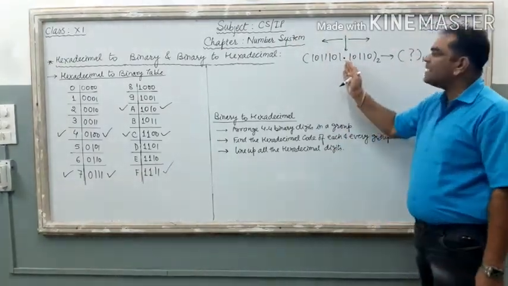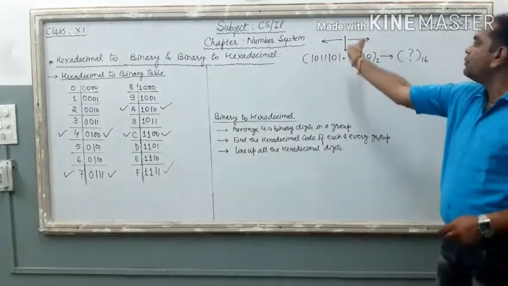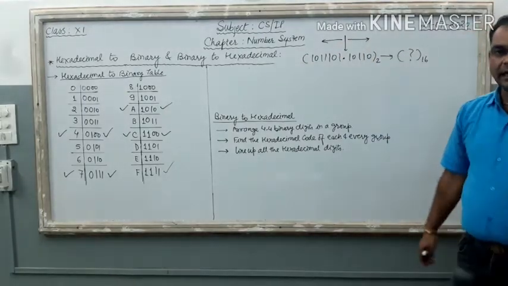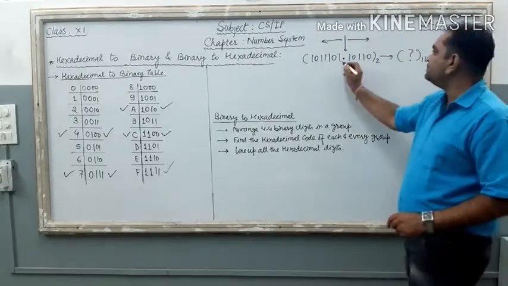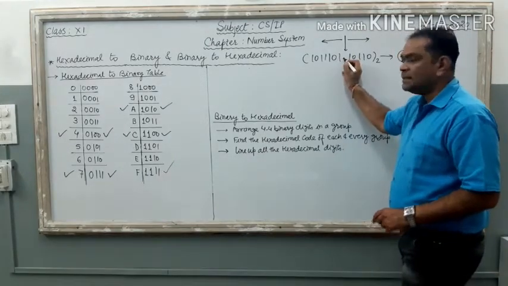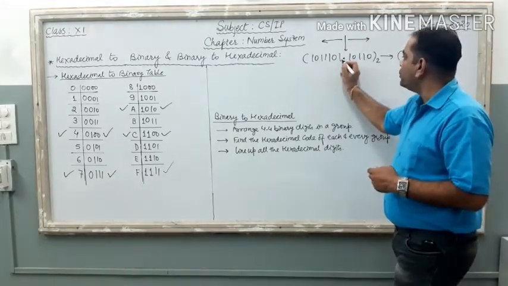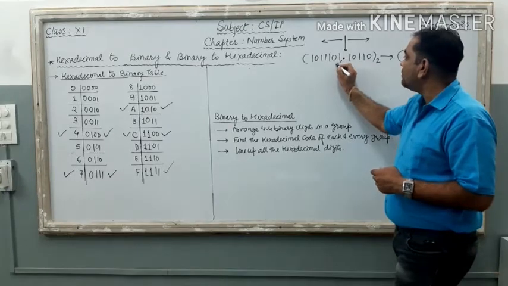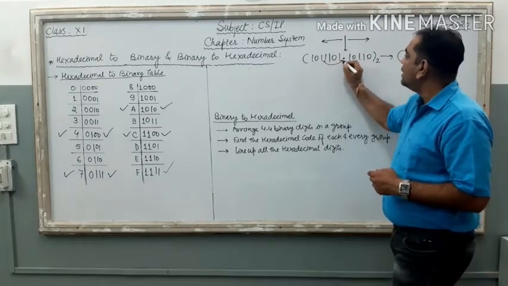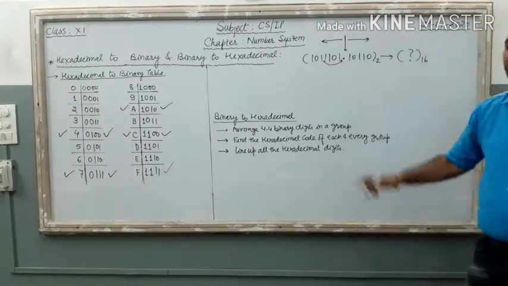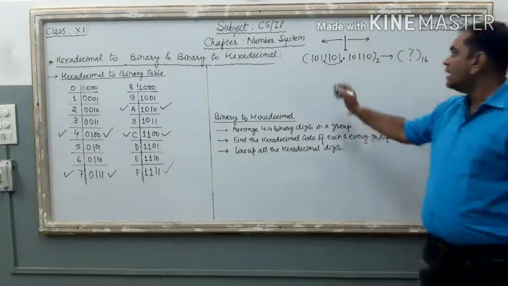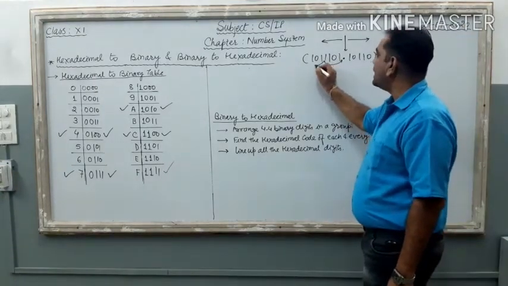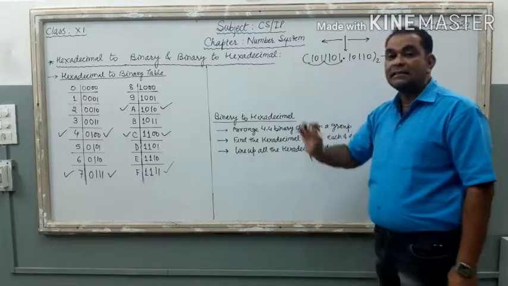And for the digits after the decimal point, move from left to right. Clear all? Right. So here, the decimal point is this one. Now I am going to create the groups. Start from here. It is the first group of 4 digits. Right. Now it is the second group of 3 digits only.